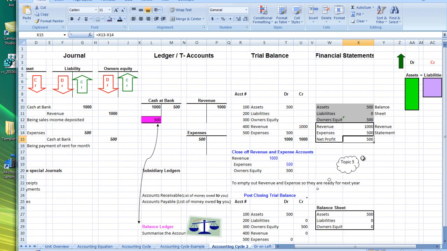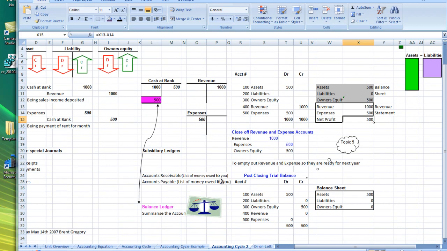Then we get to the stage of closing off the accounts, and again this would be a general journal. I haven't put in the space for the general journal, but basically what that'll be about to close off the accounts will be: our revenue is $1,000, so we will debit revenue $1,000 to bring it back to zero.